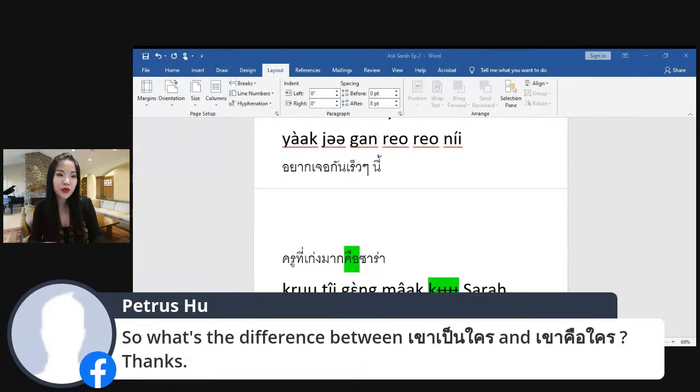Or if you have a private tutor or instructor, if you take Thai lessons regularly, you can come up with sentences and ask your teacher to check if they're correct. My students came up with a lot of sentences until they actually got how to use คือ and เป็น, because the Thai language is very flexible in terms of structure.